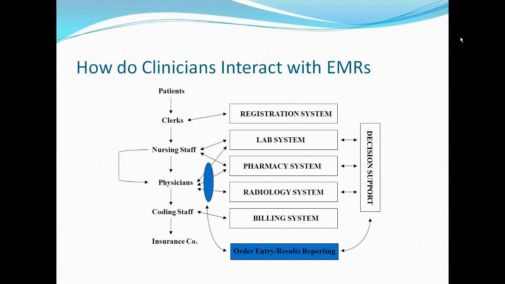Now let's take a look at a diagram of how clinicians will typically interact with EMRs. So again, we have the 5 basic components: the registration system, the lab system, the pharmacy system, the radiology system, and the billing system.